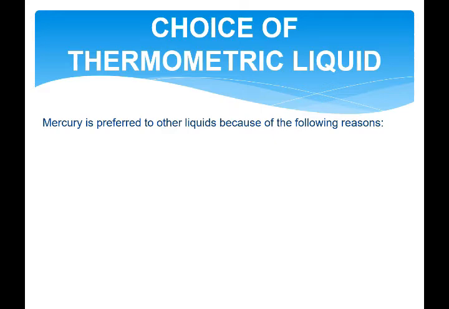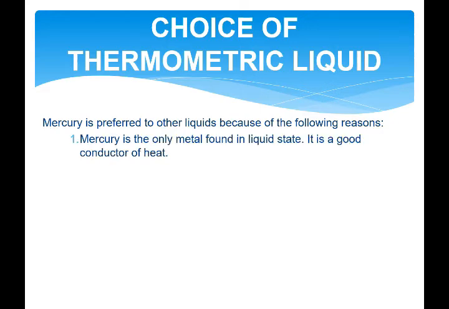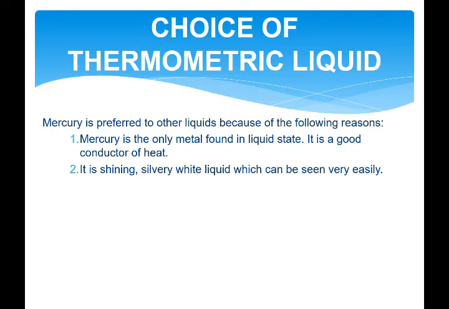Now we will study about the choice of thermometric liquid. Many liquids are used in the thermometer, but mercury is preferred to other liquids because of the following reasons. Mercury is the only metal found in the liquid state. It is a good conductor of heat. It is a shiny, silvery white liquid which can be seen very easily. It does not stick to the wall of the thermometer.